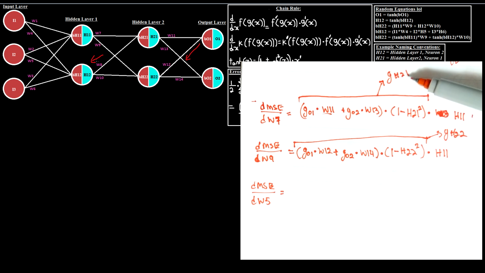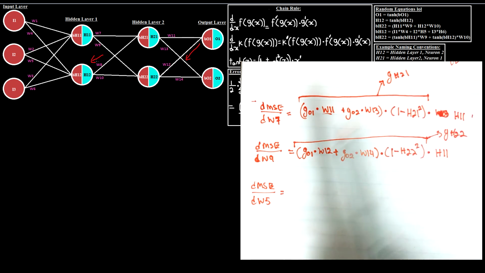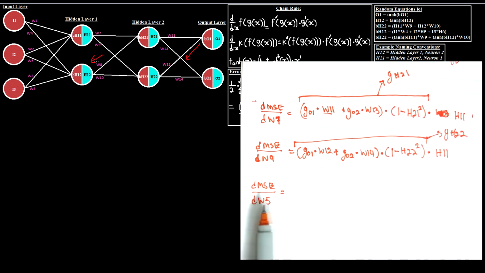This gamma H21 value and this gamma H22 value are now the gamma values for H21 and H22, and that would help us a lot when we try to find the derivative of mean squared error with respect to weight 5.